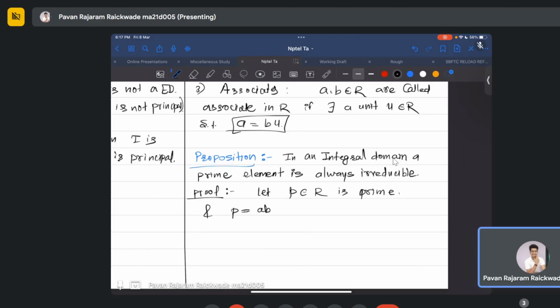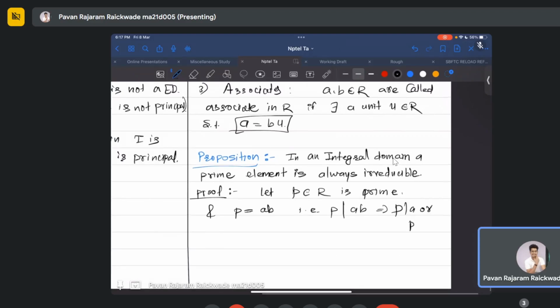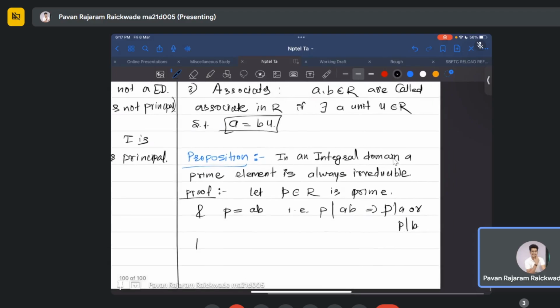Since P equals AB, that means P divides AB, right? Which implies P divides A or P divides B. So if P divides A, then you can write A as some P times C, right?